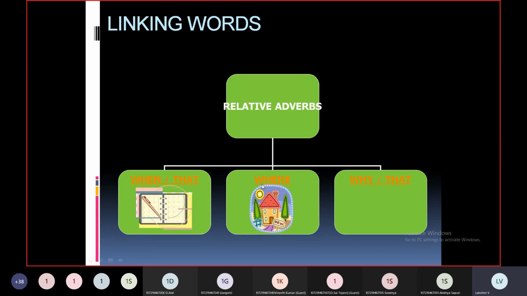I cannot forget the place where I grew up. So here I'm talking about the place. I cannot forget the time when I got first prize. I cannot forget the place where I grew up.